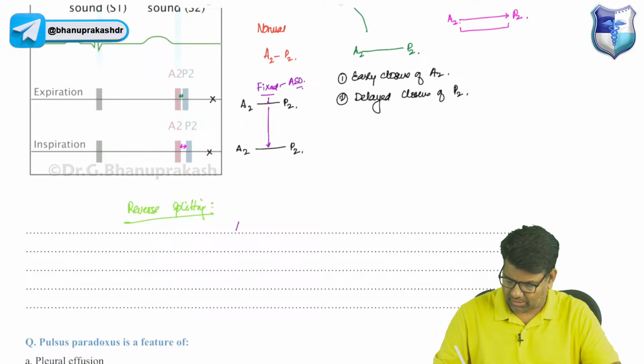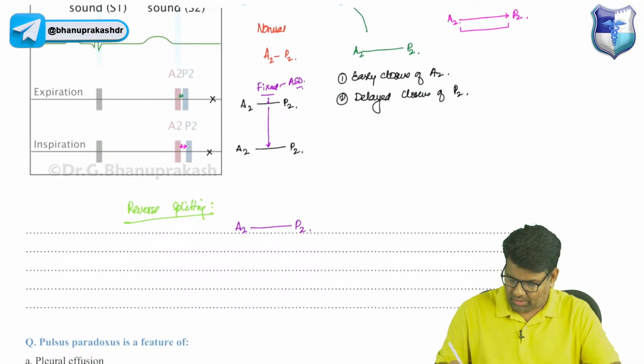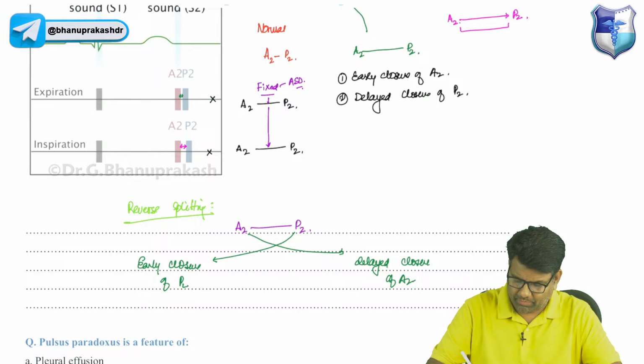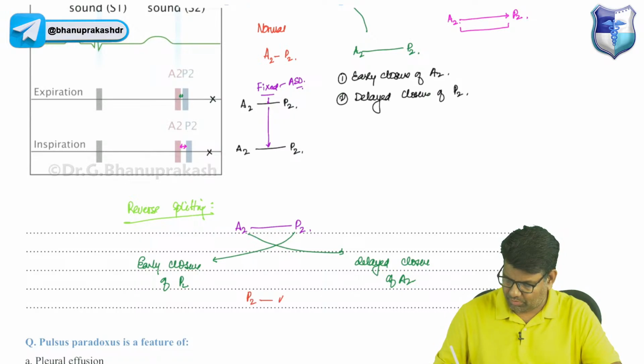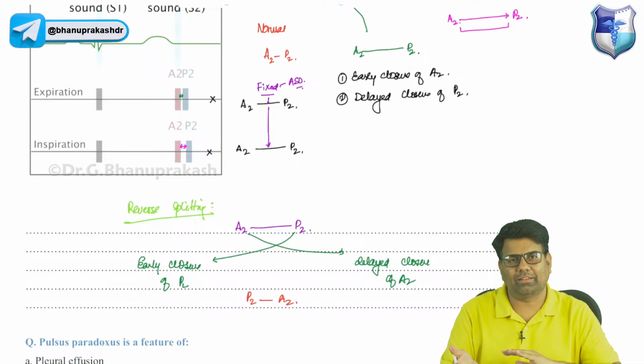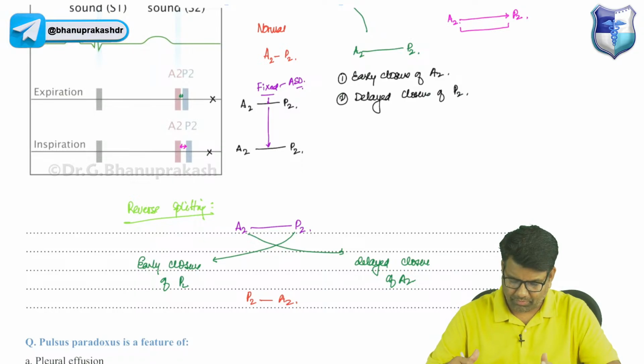So if wide splitting is because of early closure of A2 and/or delayed closure of P2, in reverse splitting you do the opposite: early closure of P2 or delayed closure of A2. Right? So what will happen? The sequence will come out to be P2 A2. So this is reverse splitting. The sequence has reversed. Instead of the normal A2 P2, now it has become P2 A2.